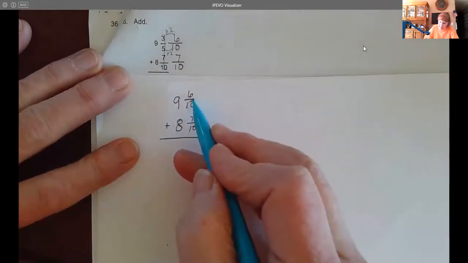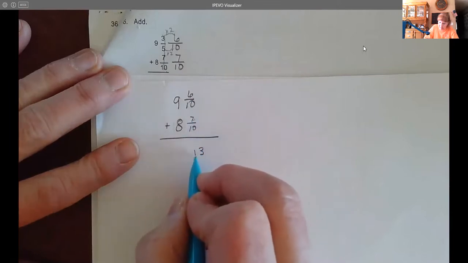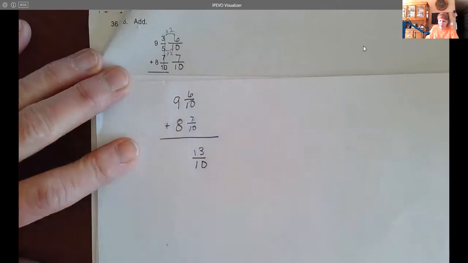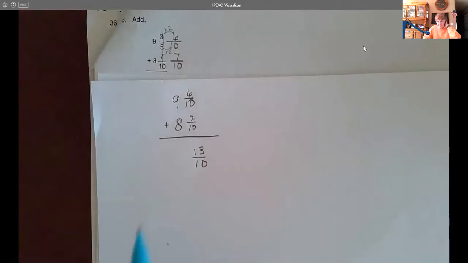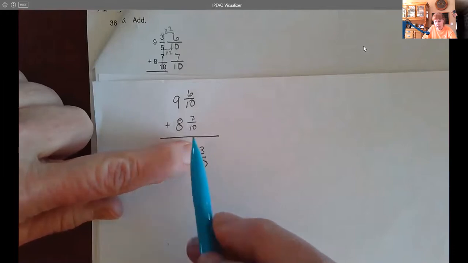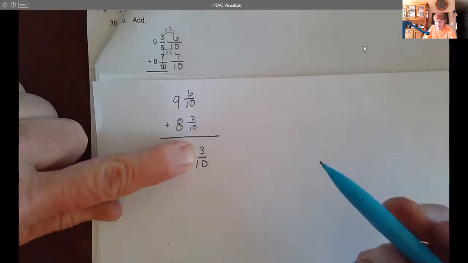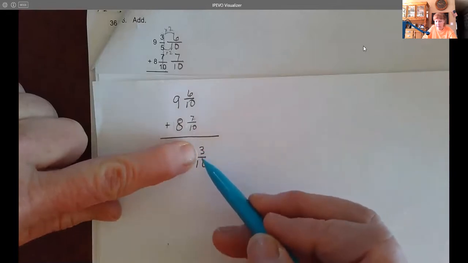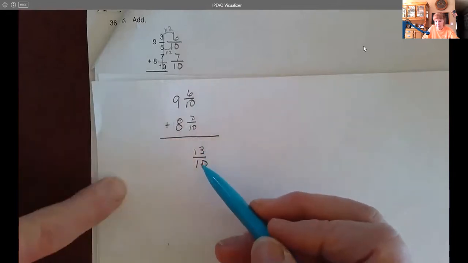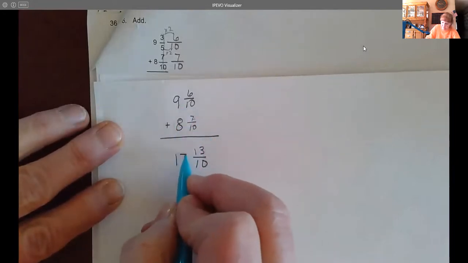When I add these together, the numerators, I get 13/10. Looks like I have another mixed number coming up here. If that had been a 3/10, then you add the whole numbers and you're done. Because this would not be a mixed number, but it looks like it will be. 9 and 8 is 17.